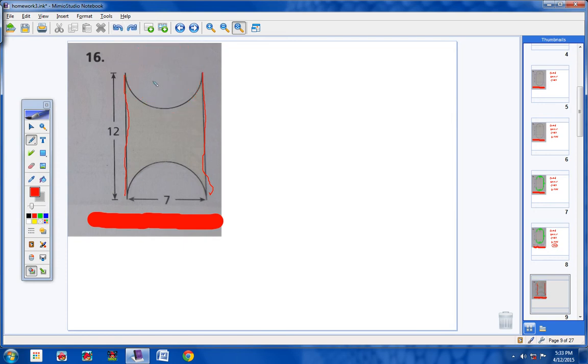But I just want half of the circumference from here to here, and half of the circumference down here. If I draw my entire circle, the diameter is 7, and if I draw my entire circle up here, the diameter is 7. So we can find these circumferences pretty easily.